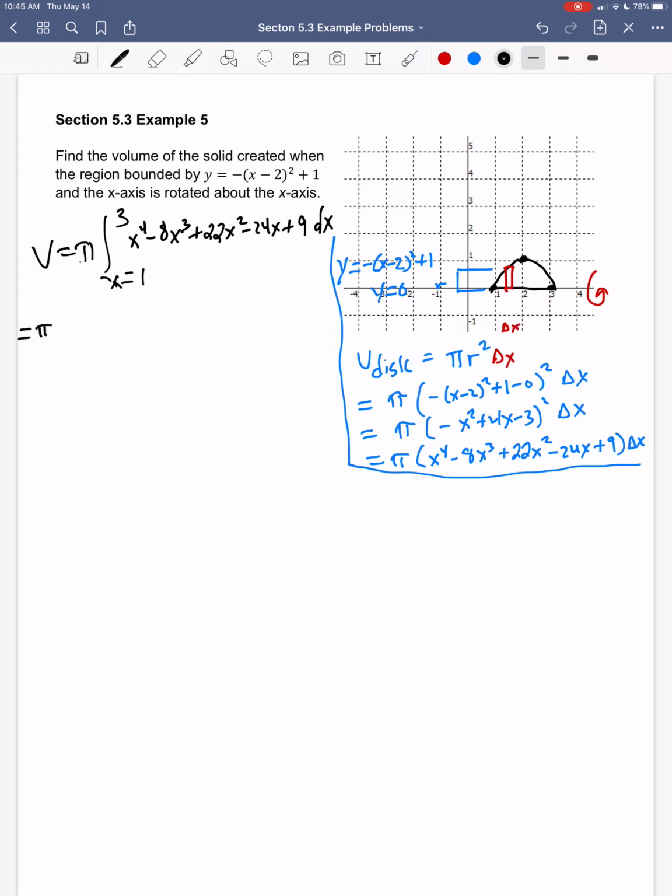So I take the antiderivative. x to the 4th becomes x to the 5th, divide by 5. 8x to the 3rd becomes 8x to the 4th, and then divide by 4. 22x squared becomes 22x cubed, and then I divide by 3. 24x becomes 24x squared, and then I divide by 2. And then I get 9x, and that has to be evaluated between 1 and 3.